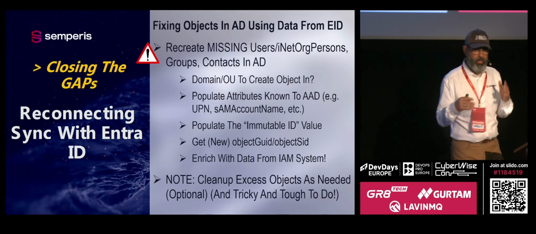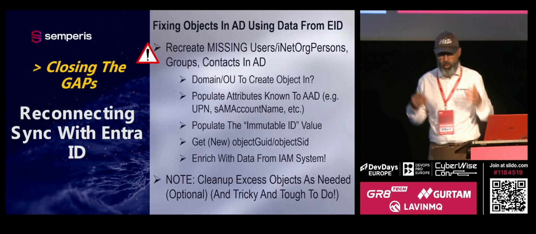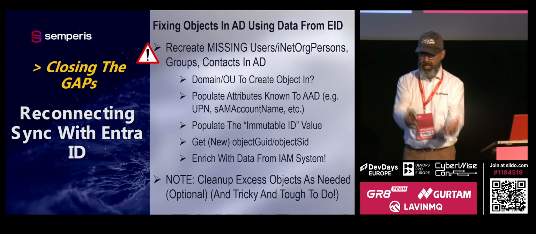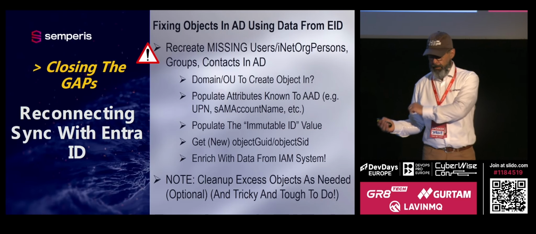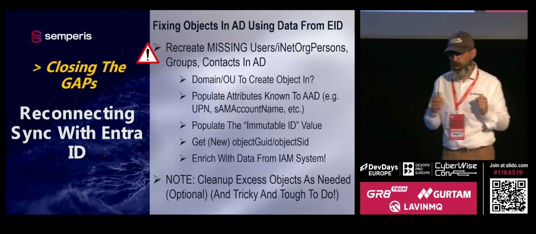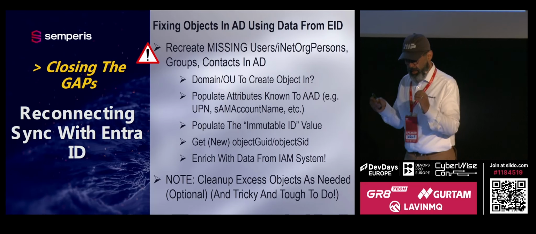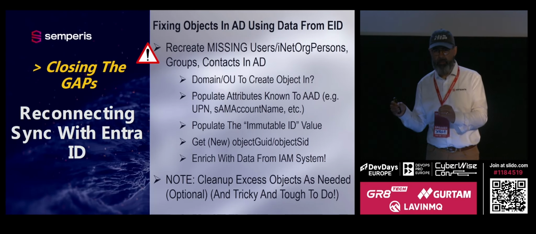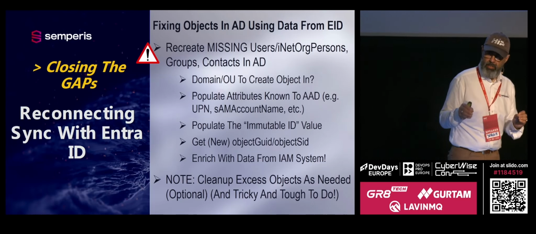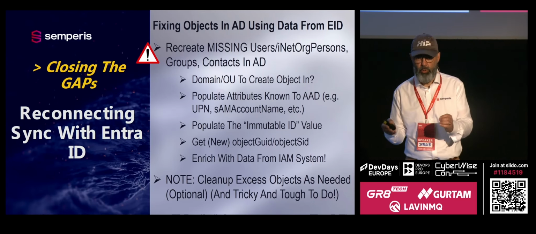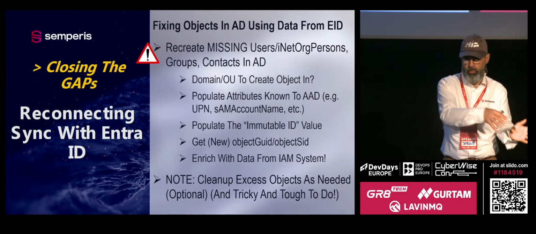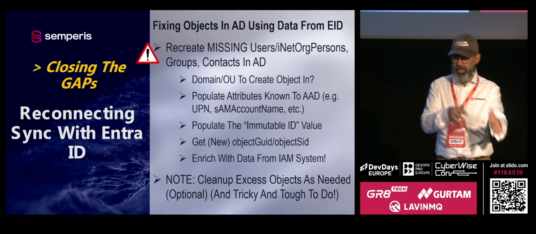You are only recreating it as a so-called placeholder, to prevent a deletion in Entra. Entra doesn't know all the information that you need, because all the attributes synchronized to Entra are based on the synchronization rules. The synchronization rules might sync a number of attributes, might not sync others. There might be filters.